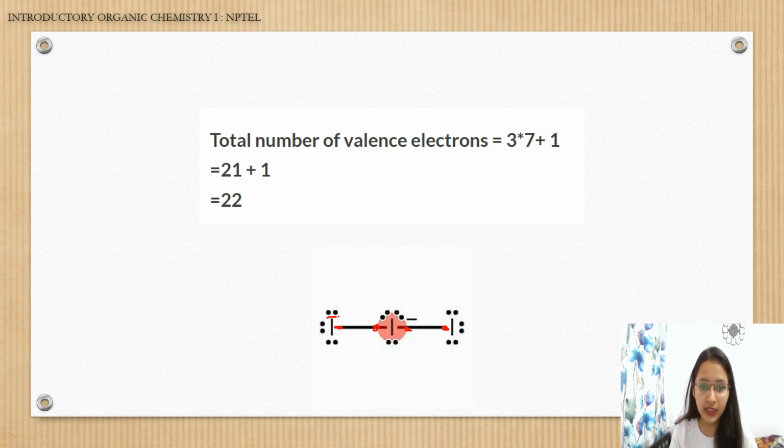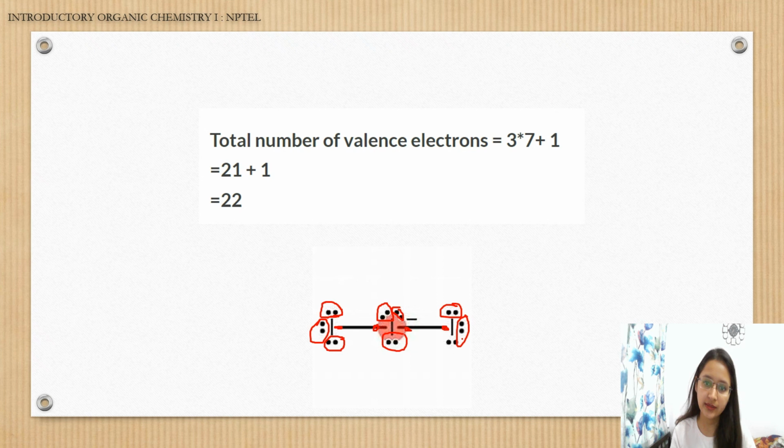So how many lone pairs will be there? See, there are only two sigma bonds that are present, and all of the other electrons are free, right? So here one lone pair of electrons is there. Here is another. This is also a lone pair of electrons, right?